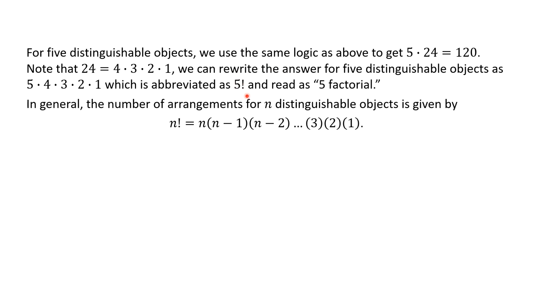And in general, if we use this logic recursively, the number of arrangements for n distinguishable objects is given by n factorial, n times n minus 1, all the way down to 3 times 2 times 1.